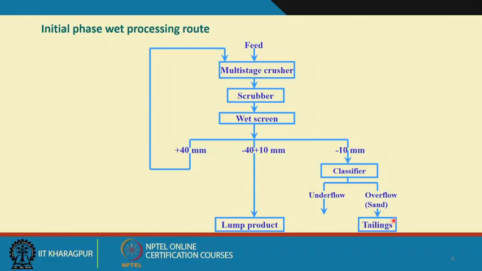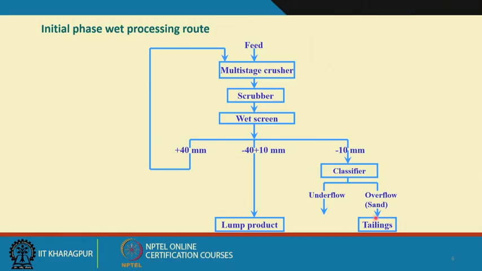Now, again what happened, there was the development of another size enlargement process, that is called pelletization. That means even the minus 150 micron particles can have their sizes increased by a process called pelletization, that is again engineered by the metallurgist.